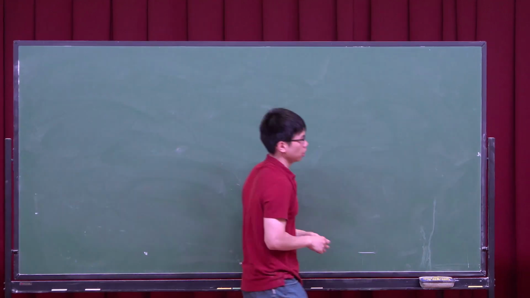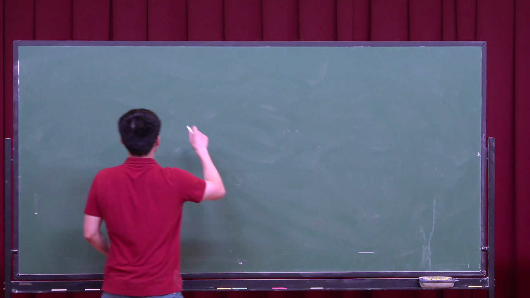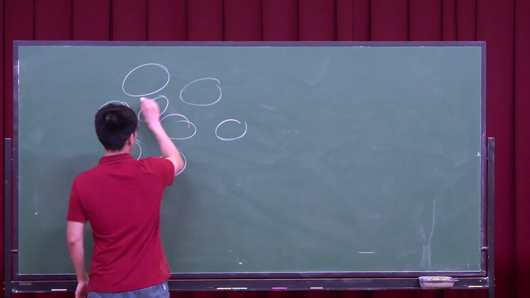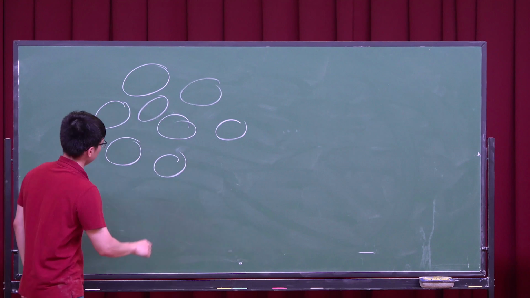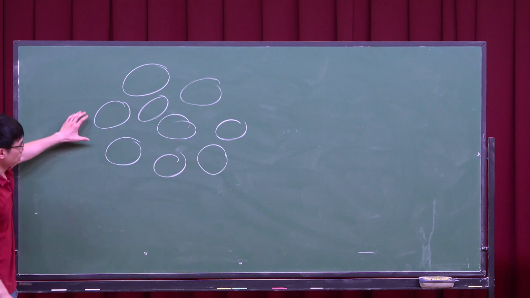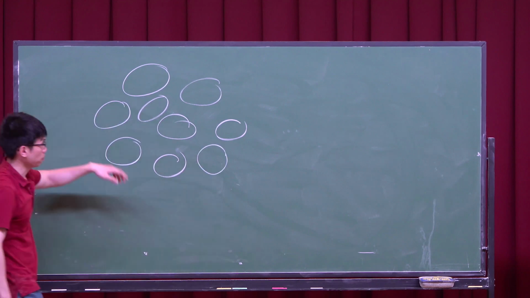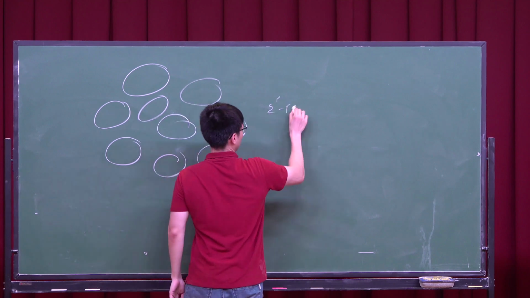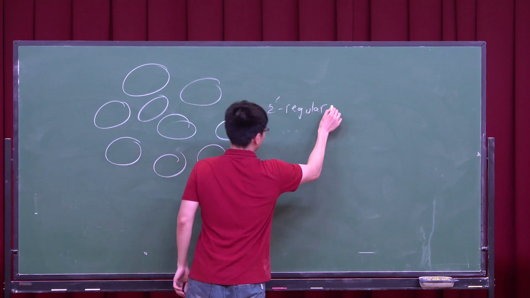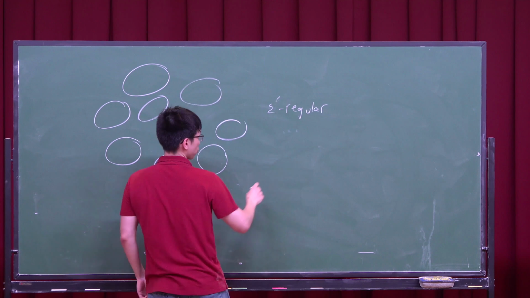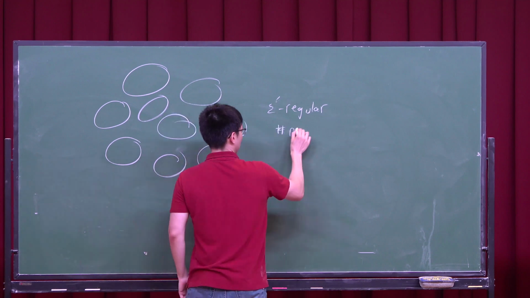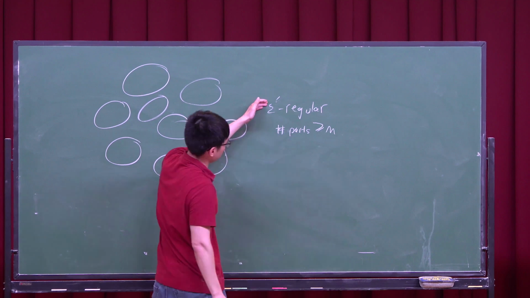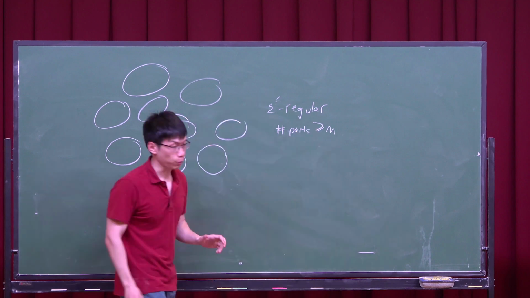Right, so here's the partition. It's my epsilon prime regular partition of G, and also the number of parts M, where epsilon prime and M are to be chosen depending on epsilon later.